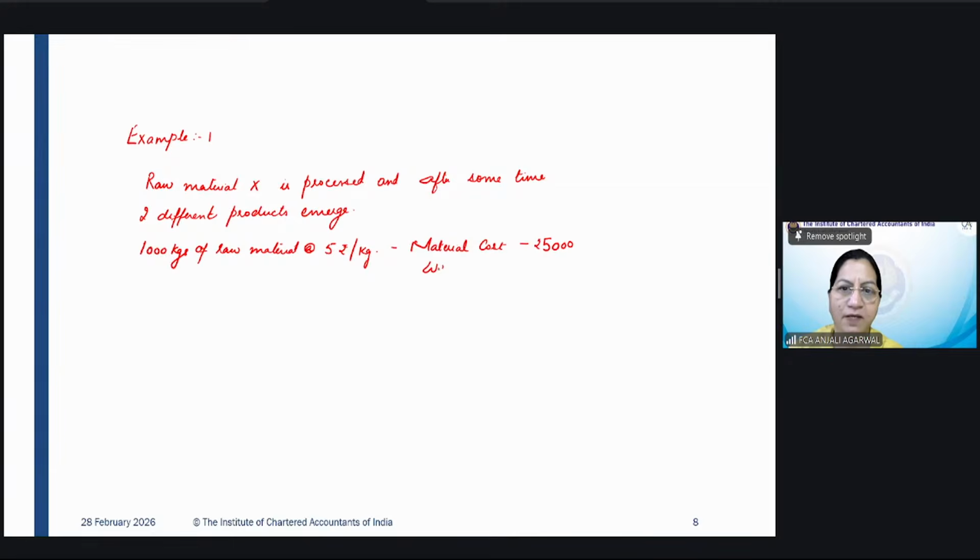And then you started employing some labor on this, which costs another 2000 rupees. And overheads cost is 1000 rupees. So the total joint cost or pre-separation cost becomes 8000 rupees.